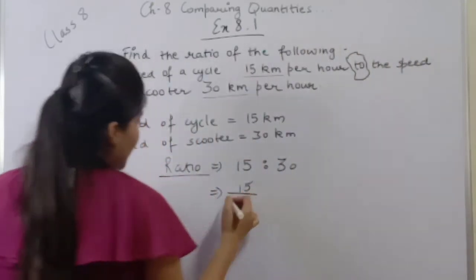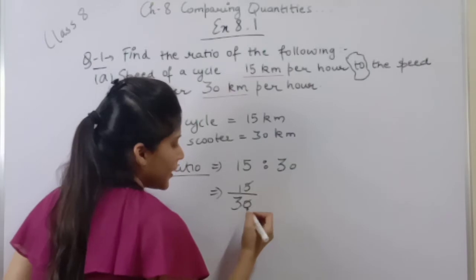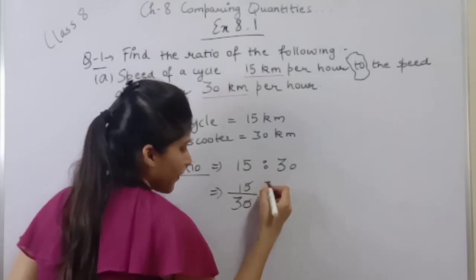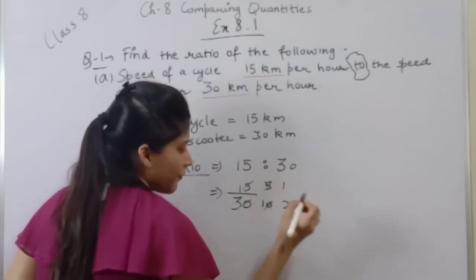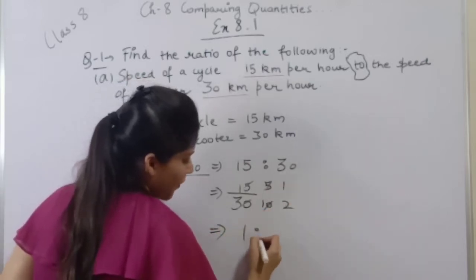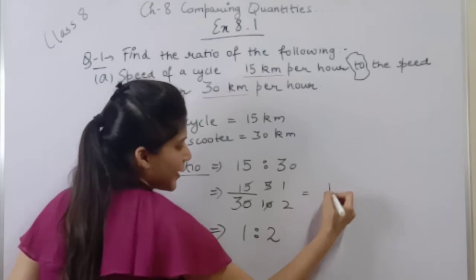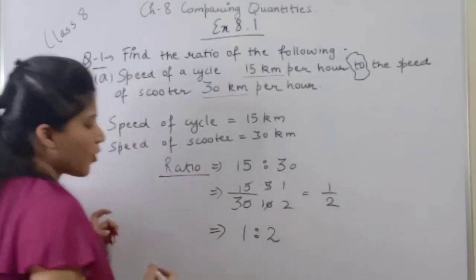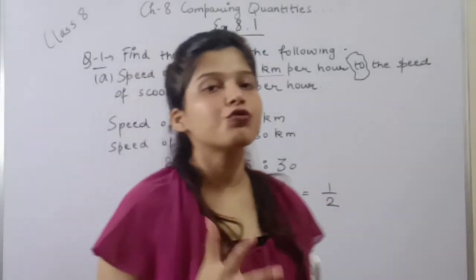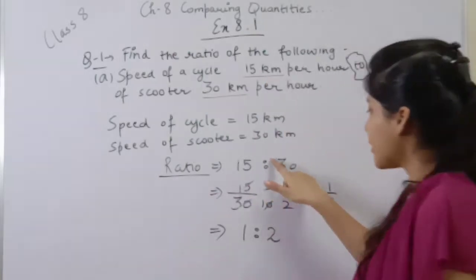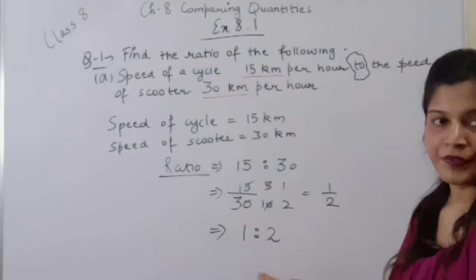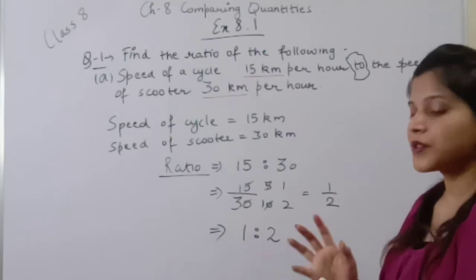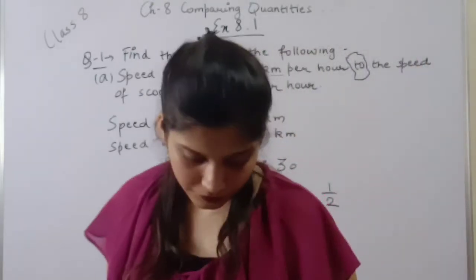Now we can cut this. 15 and 30 are the multiples of 3. 3 5s are 15, 3 10s are 30. 5 1s are 5, 5 2s are 10. So the ratio becomes 1 is to 2 because ये है 1 upon 2 and 1 upon 2 is nothing but 1 is to 2. We can convert ratio in fraction and fraction in ratio again. So the ratio becomes 1 is to 2.